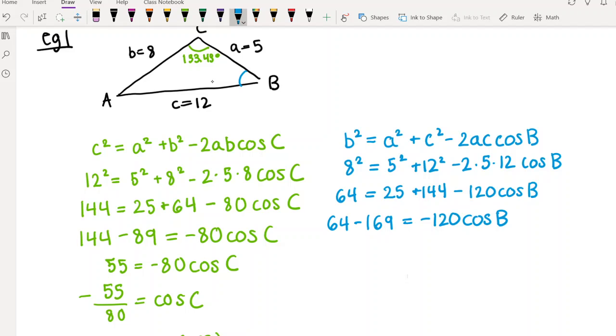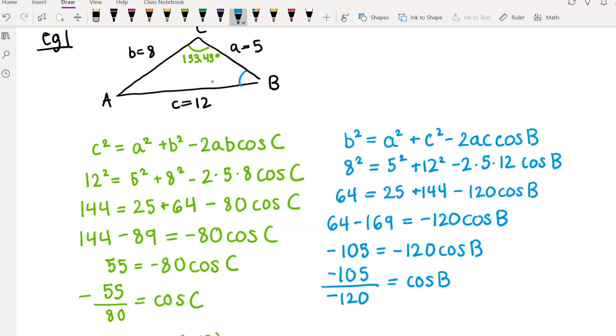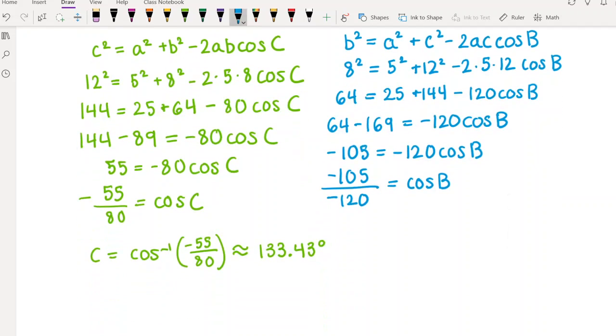On the left-hand side, I'm just going to do this on a calculator because my brain isn't awake enough to figure it out. So negative 105 is equal to negative 120 cosine of B. And so we end up with negative 105 over negative 120 is equal to cosine of B. Again, you could definitely reduce that fraction.